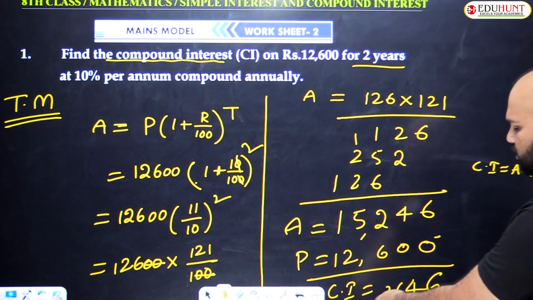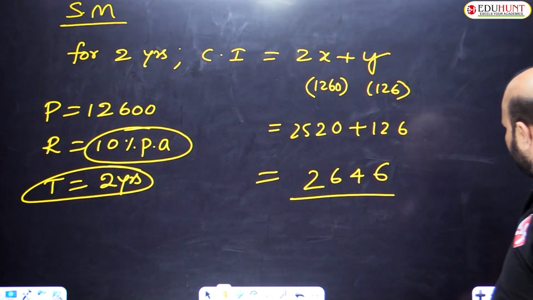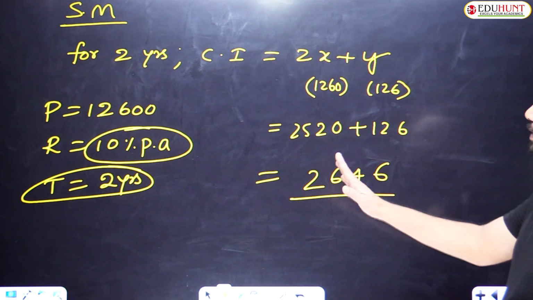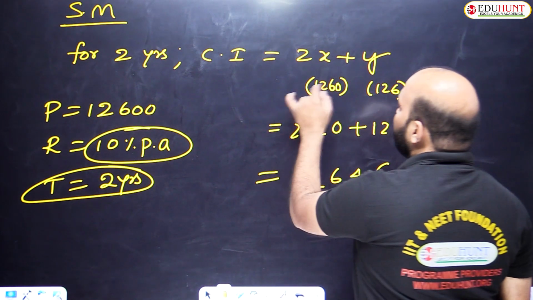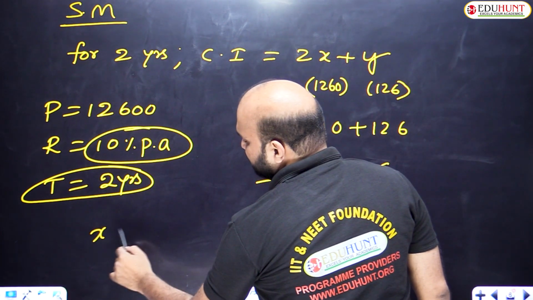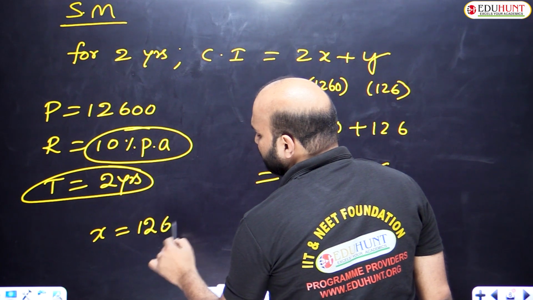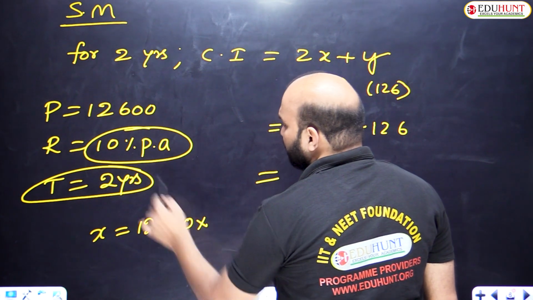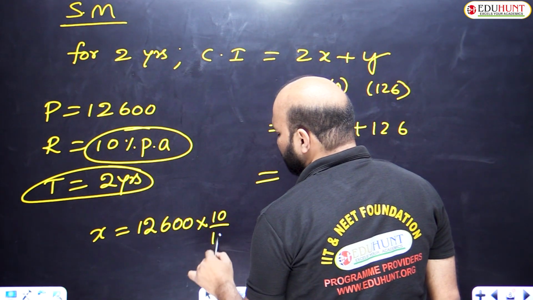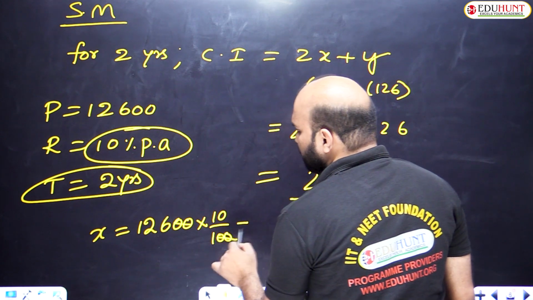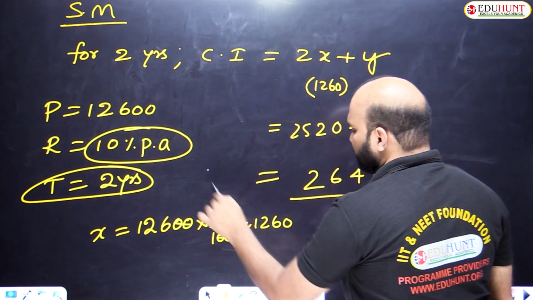The traditional method also gave 2646, we already got 2646. This is a very important condition, but in that condition how will we get the x and y values? How will we get the x value? So principal value how much is given, 12,600. So rate of interest 10%, 10% value of principal is called the x value. This is the x value. Am I clear?